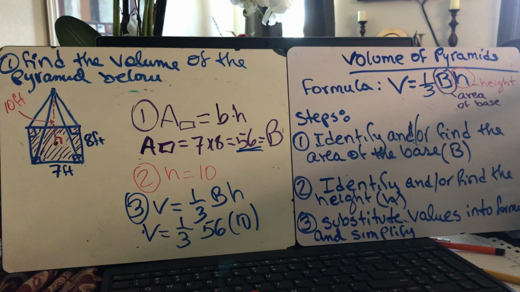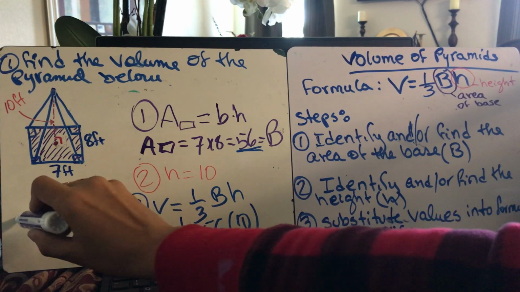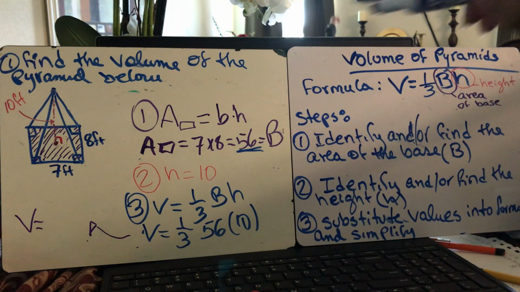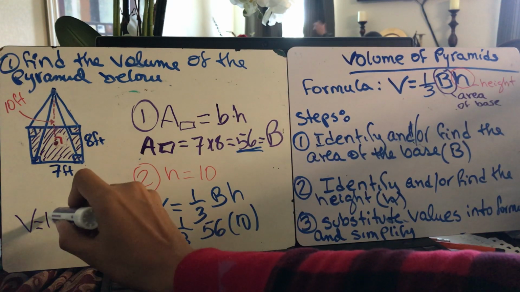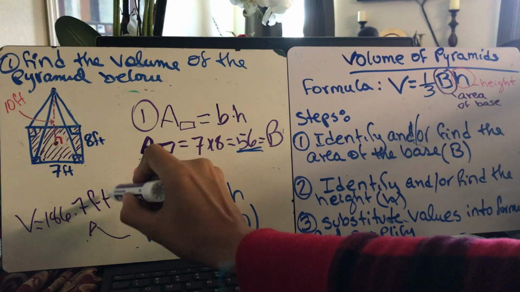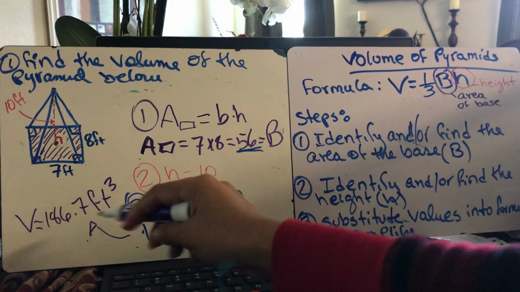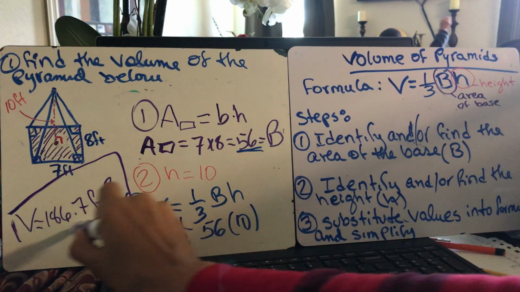I have 56 times 10, and that is 560, and I divide that by 3. That is approximately, I'll put it over here, V equals approximately 186.7 to the 3rd power. Don't forget that the units are to the 3rd power with volume. And this is my answer.